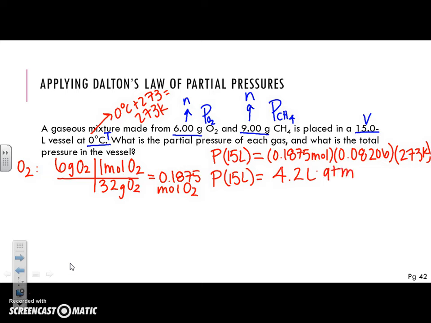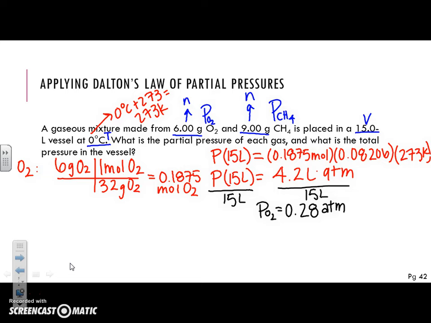Now I can simply divide both sides by 15 liters, which shows me that my pressure for oxygen is going to be 0.28 atmospheres. That's my partial pressure for oxygen.